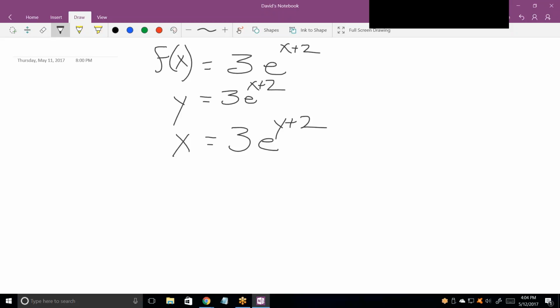And the reason you use logs is because if I can get the log of both sides, then I can take that y plus 2 and bring it down on the algebra line. But before you do that, you really want to get rid of that 3 also. So let's divide both sides by 3. And now it's equal to that.